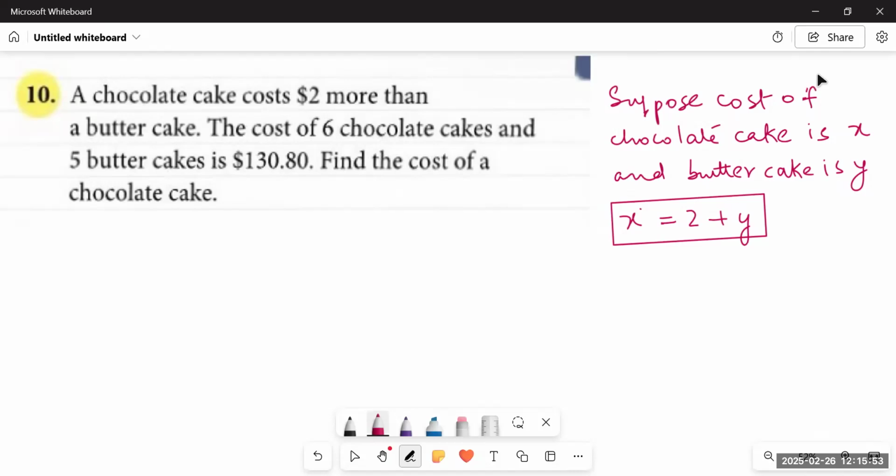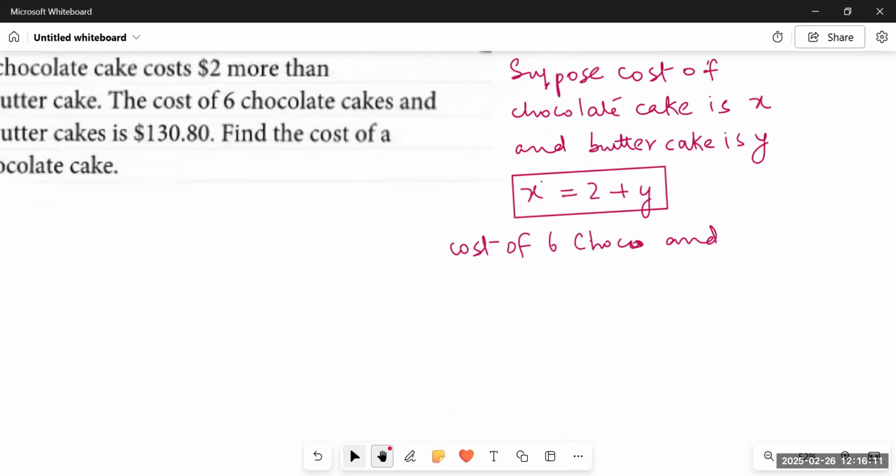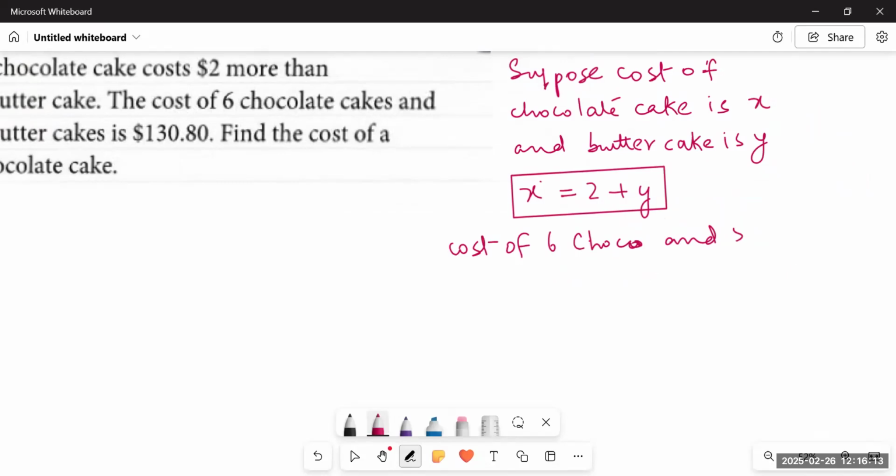Then they're saying the cost of 6 chocolate cupcakes, and 5 butter cakes. If we have to find out the total cost of any number of units, what do we do?